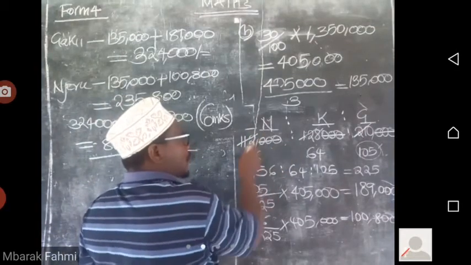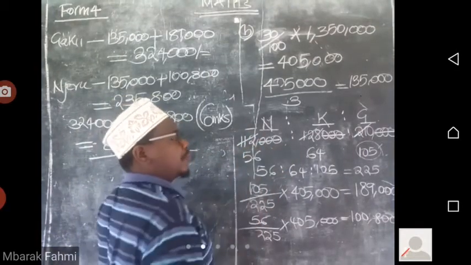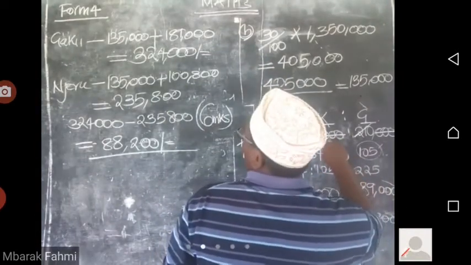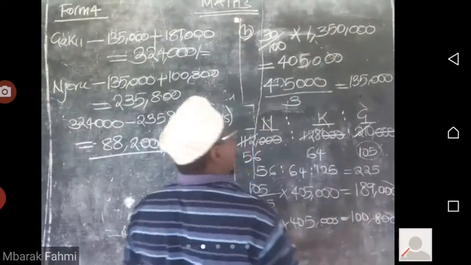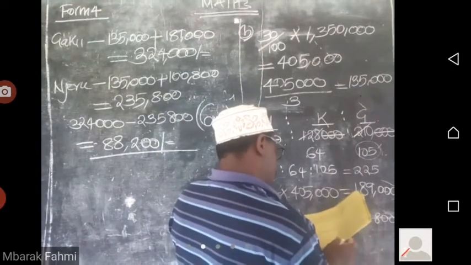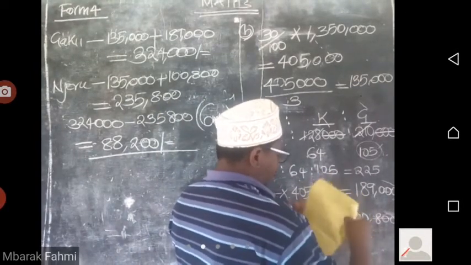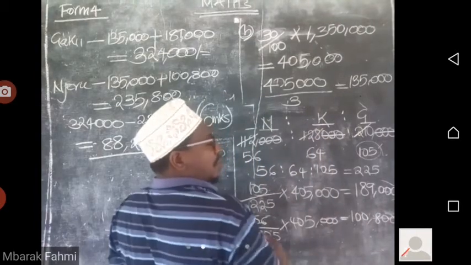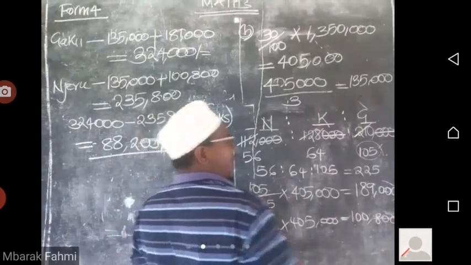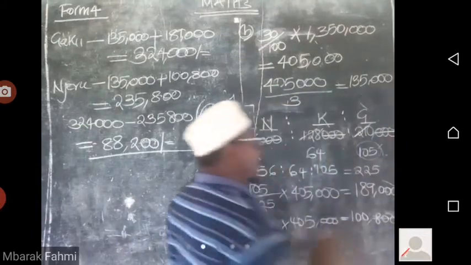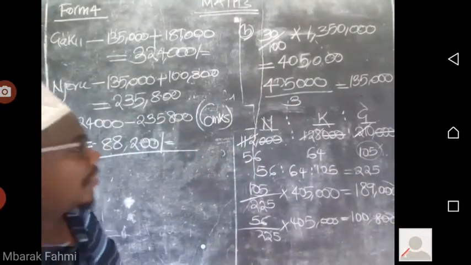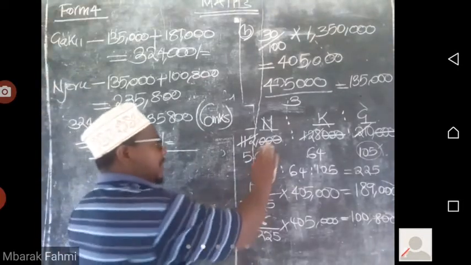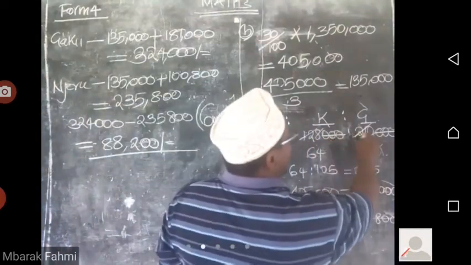So Jero contributed 112,000, Karim contributed 128,000, and Gaki contributed 210,000. Okay? So from this we are supposed to simplify.